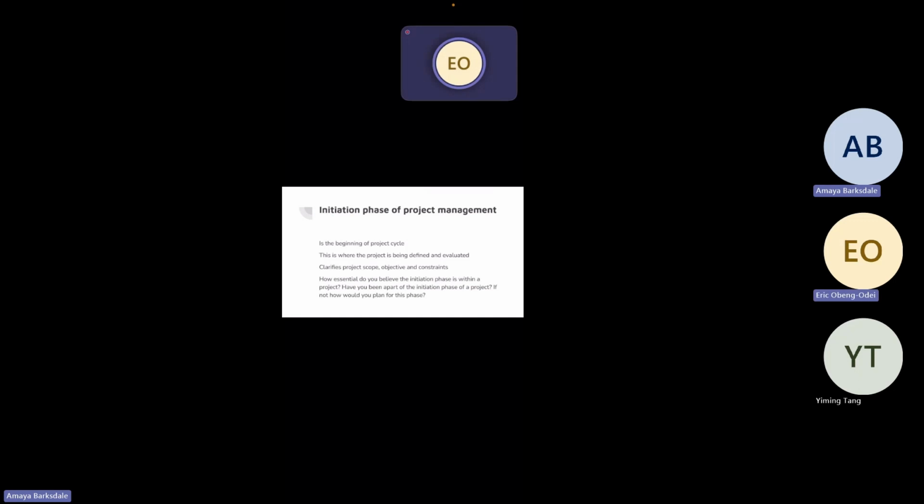I believe the initiation phase is one of the reasons why we usually have kickoff meetings, and the objective is to go over the project, identify the goals, objectives, and what the scope will be, the ins and outs of everything.